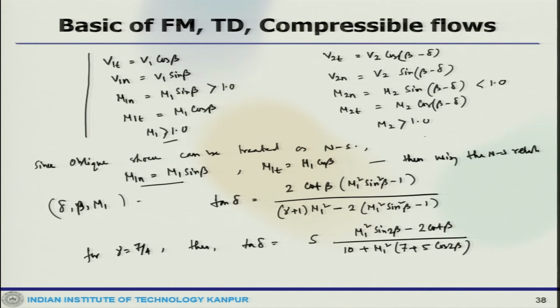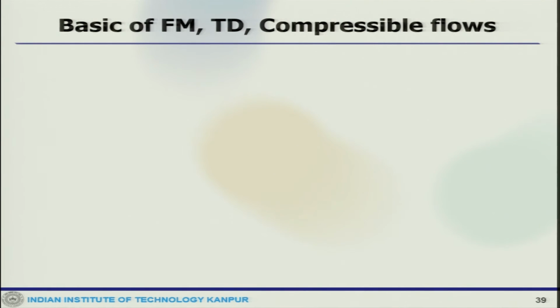Now what happens to the normal components? The normal components would be M2n square is (gamma minus 1) M1n square plus 2, divided by 2 gamma M1n square minus (gamma minus 1).